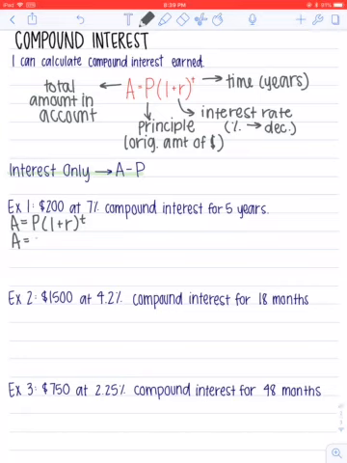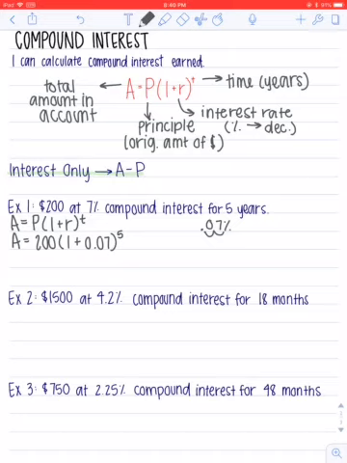So P is going to be 200, our principal amount's 200. Then I have 1 plus, and that's 7%. I'm going to convert from a percentage to a decimal. So I'm going to come over here, 7%, boom, bam, 7/100. And my time was given to me in years already, so I just put 5 as my exponent.